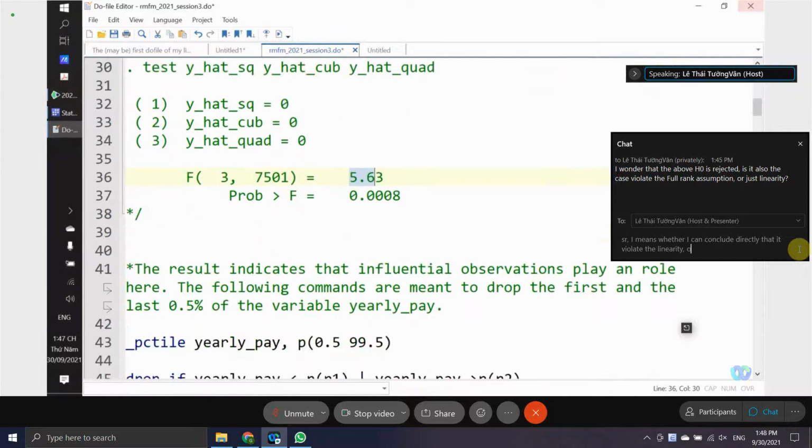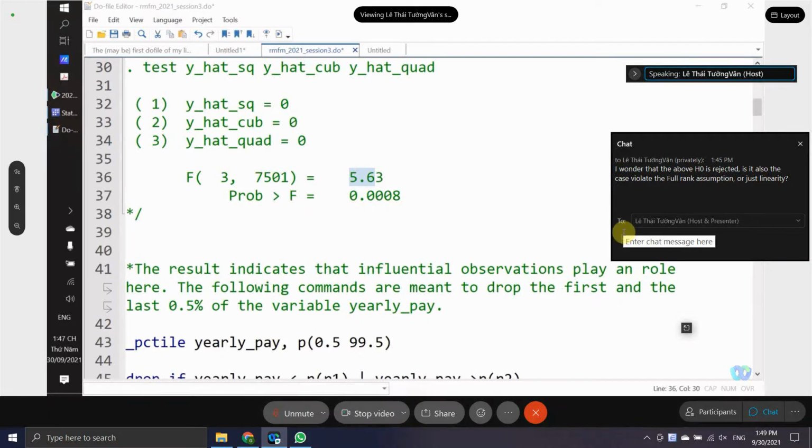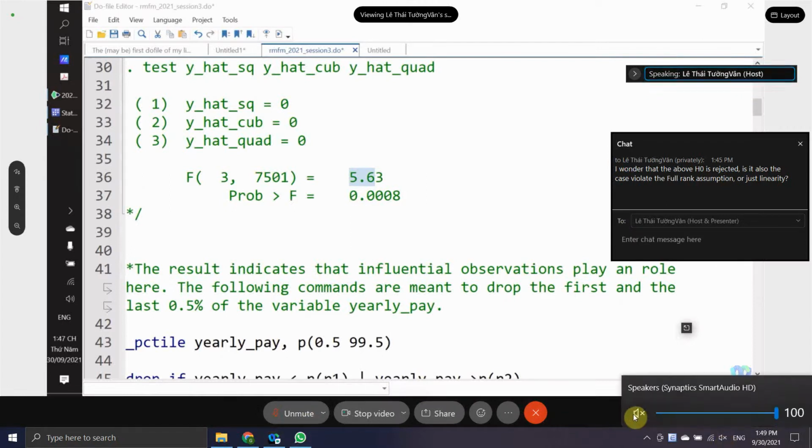Okay. Now, Minh Giang's question is, so what do we do when the above H0 is rejected? Is it also the case that it violates the full rank assumption or is it just linearity? Now, Minh Giang, this is just linearity, right? If it violates the full rank condition, you will not be able to estimate the model, the coefficients.